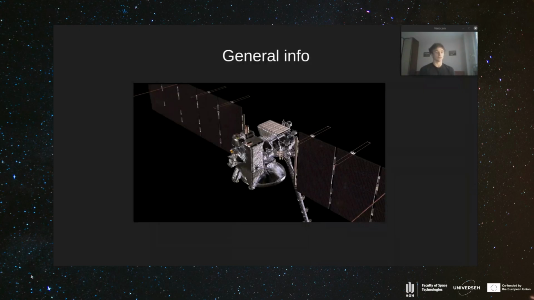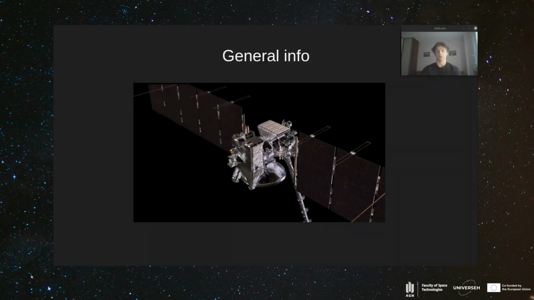It is expected to arrive at Jupiter's orbit in April 2030, and it will spend around a year on this orbit to alter the trajectory of the spacecraft to prepare for the first Europa flyby.